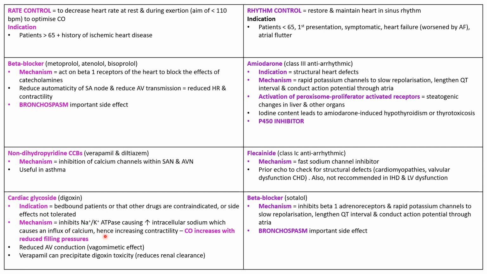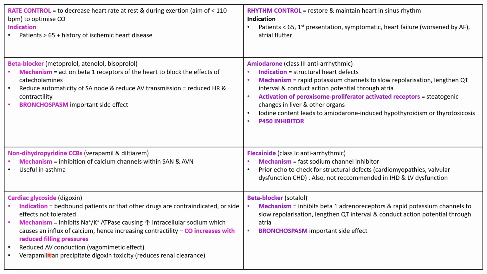But its mechanism is that it inhibits sodium-potassium ATPase, causing an increase in intracellular sodium, which causes an influx of calcium, hence increasing contractility. So therefore we have cardiac output increasing without increasing the filling pressures. It also results in reduced AV conduction because it has this thing called a vagomimetic effect.